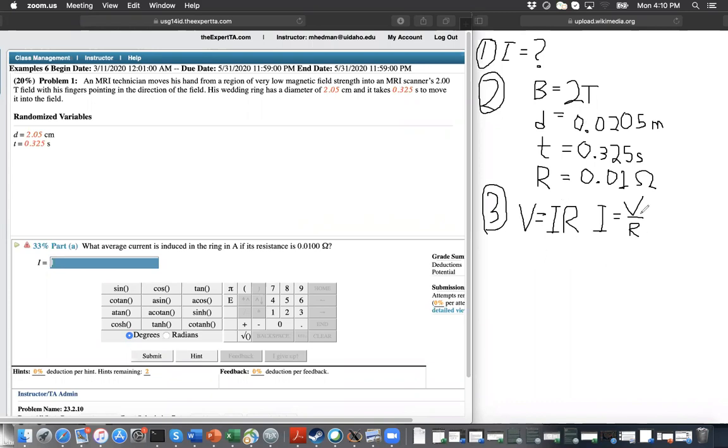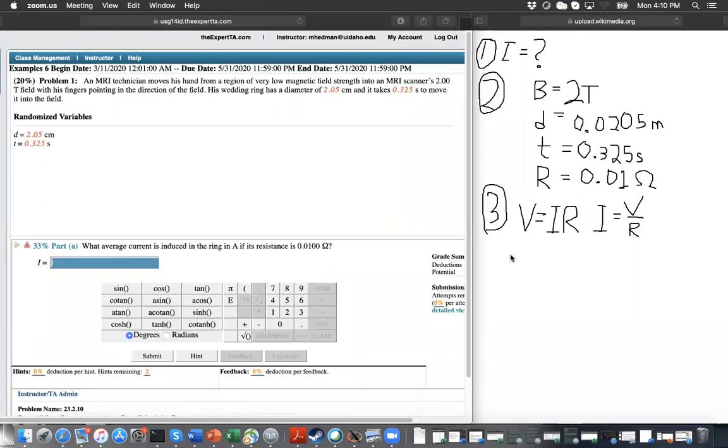The critical thing to understand, though, is we do have a relationship for that. This voltage isn't just V, it is also this quantity we've called EMF.